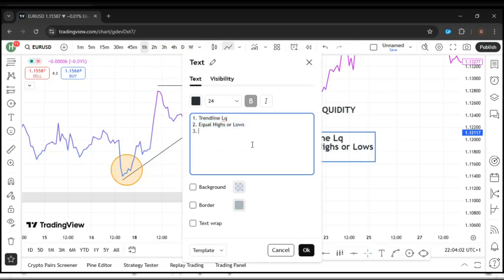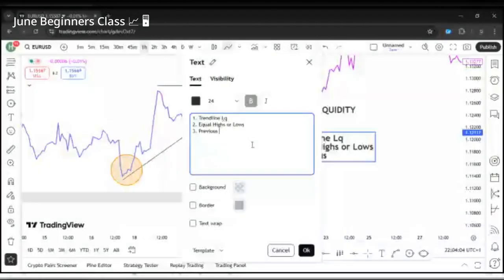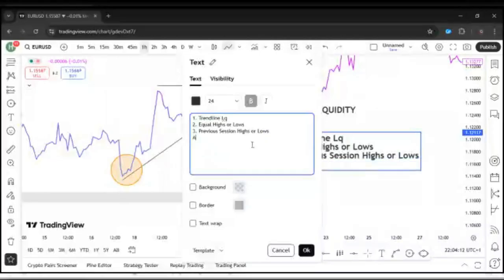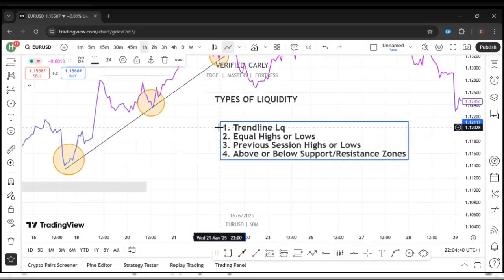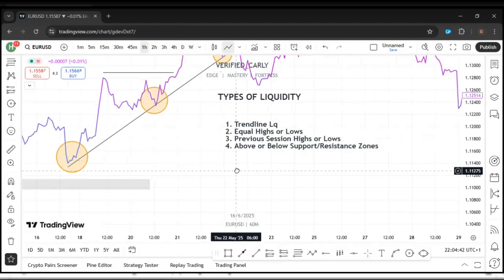We also have above or below support slash resistance. That is the resistance zone. You see all these parts, et cetera, they are still much, but with time you understand all of this. But currently, let us deal with this first.